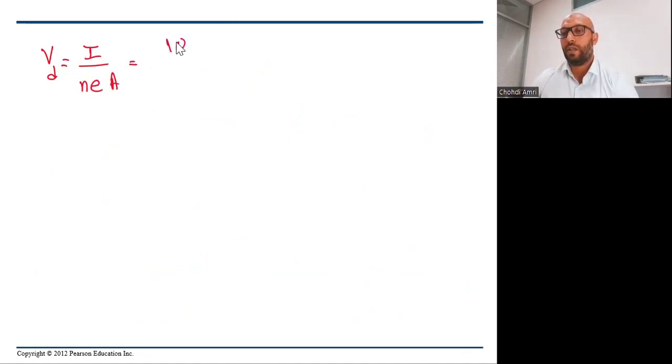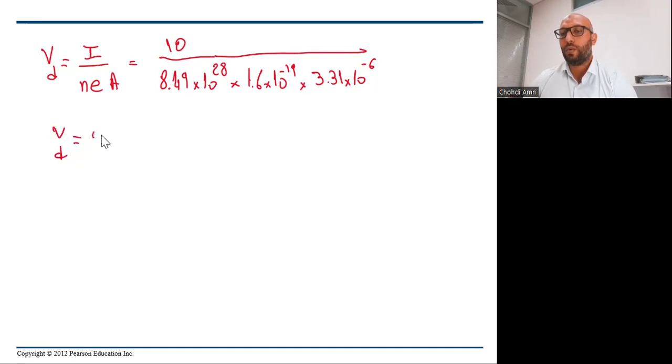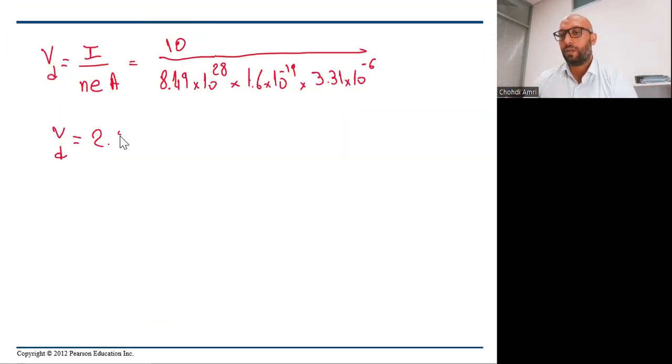So it's equal to 10, the current is 10 in the question, over 8.49 times 10 power 28 multiplied by 1.6 times 10 power negative 19 multiplied by the cross-sectional area 3.31 times 10 power negative 6. And we're going to get V_D equal 2.22 times 10 power negative 4 meter per second.